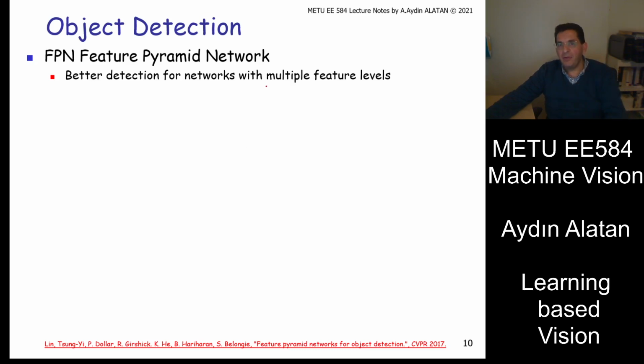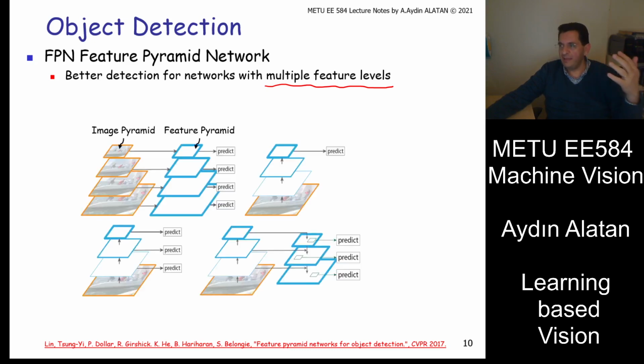Obtaining multiple feature layers is a disadvantage, because we go to multiple feature layers to capture semantics, to obtain invariance, to be able to detect any object in a much better way. We need multiple feature levels, but we have to pool. But that kind of pooling is basically making us lose a lot of details.